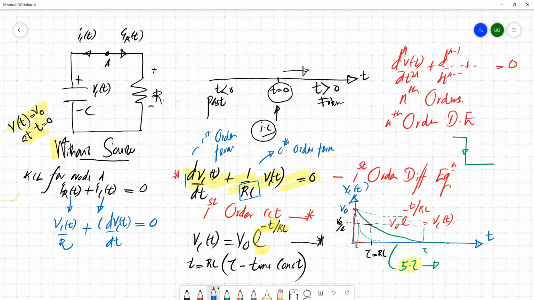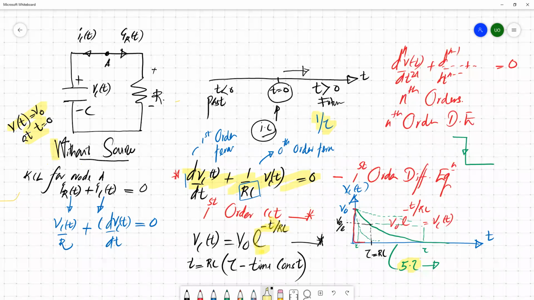The coefficient of the zeroth order term is basically 1 over tau, where tau is the time constant. Keep in mind, 1 over tau.